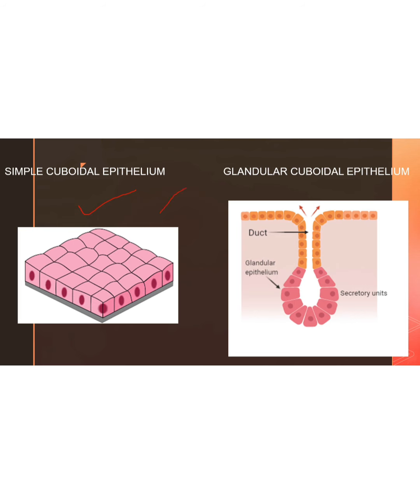This is the specialized case. What will happen to the simple cuboidal epithelium? A hollow space is created here. You can see the cells have just moved inward to form a hollow space.